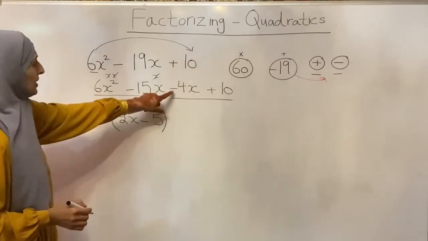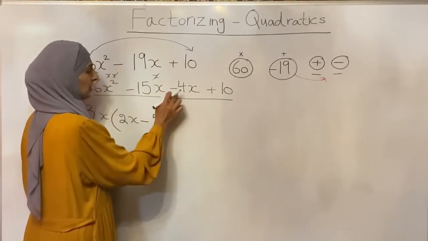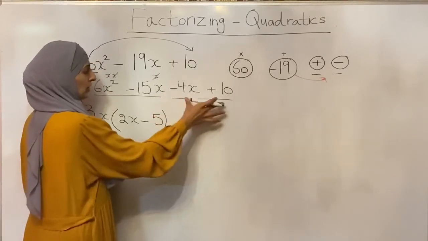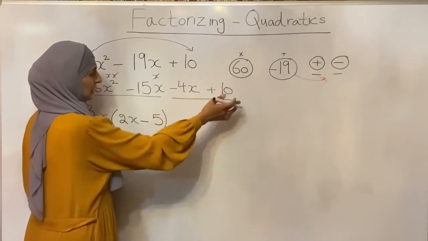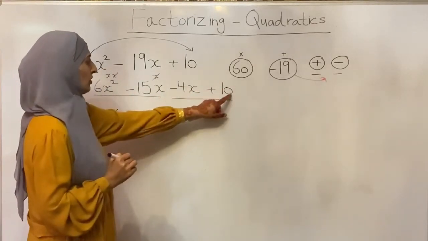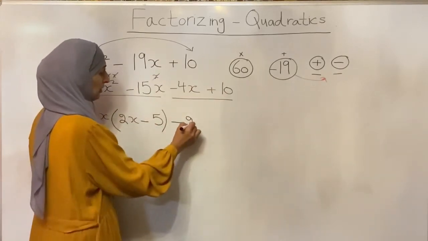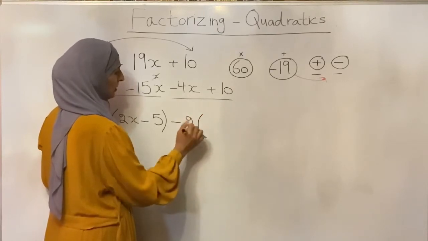Now there is a minus sign here. When the minus sign is at the start of the factors in factorization, it changes all the signs inside. I'm taking minus here. What is common between 4x and 10 is the 2 timetable. x is not common, there's only one x, so x remains.